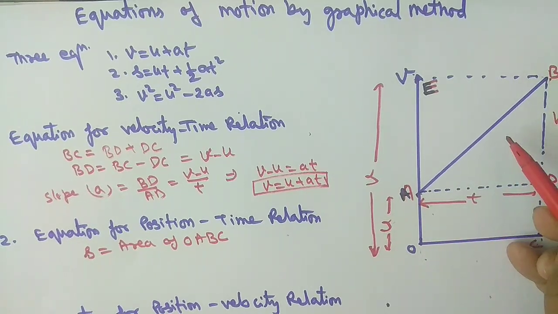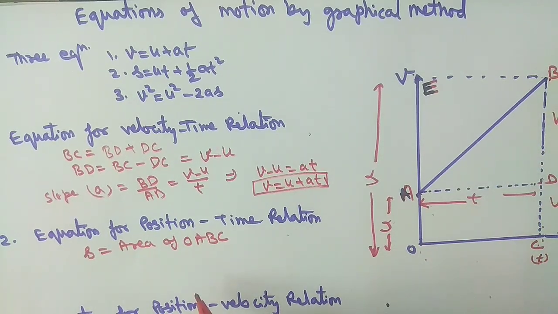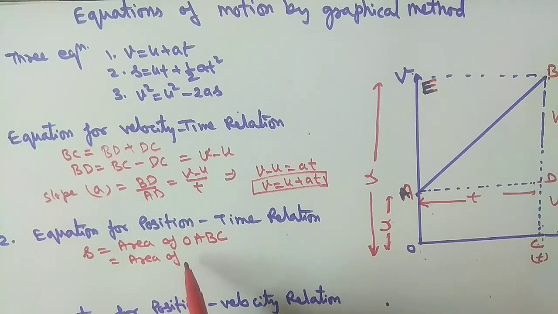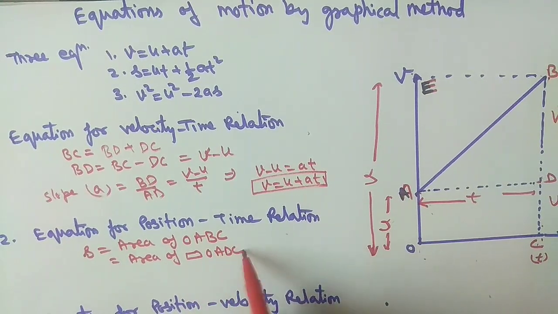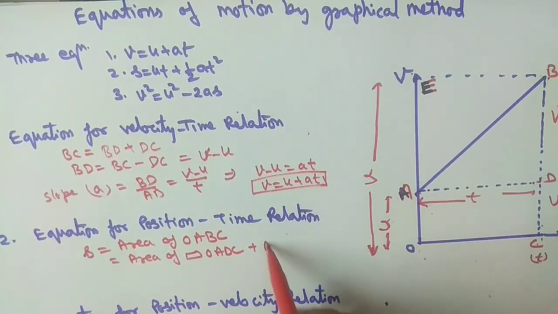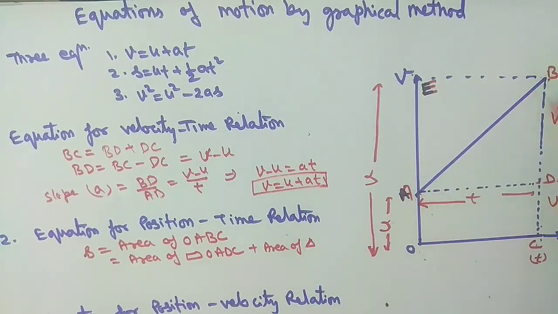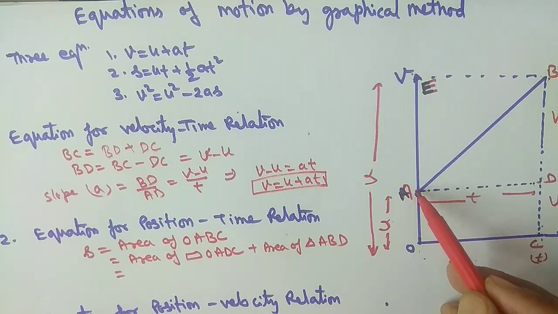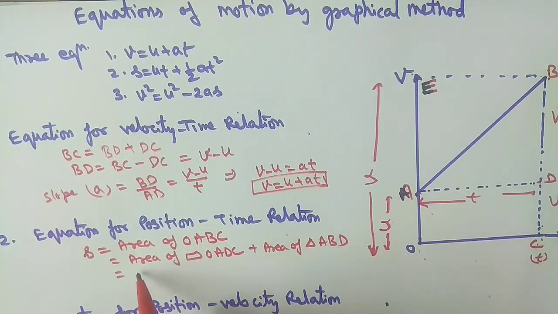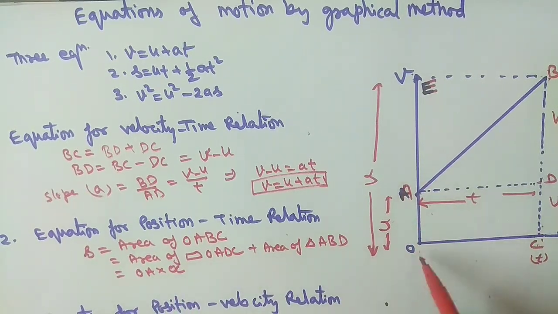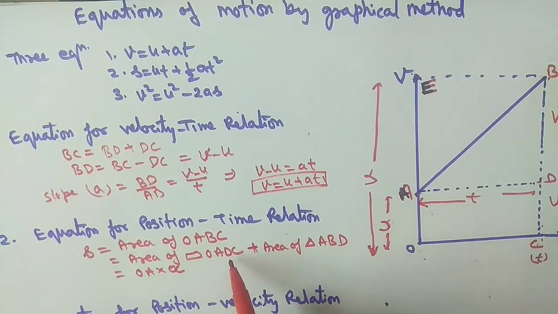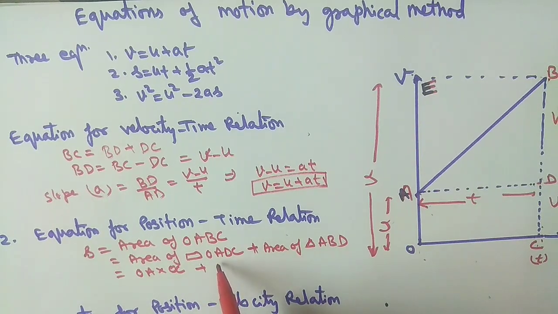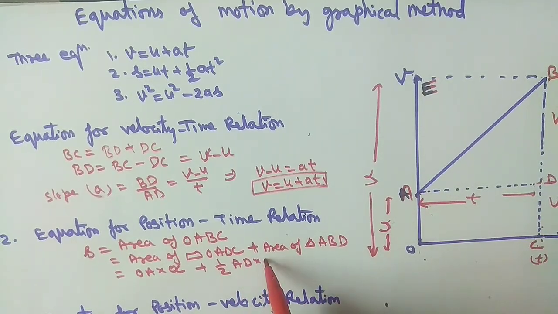That is the area of the rectangle OADC plus the area of the triangle ABD. The area of the rectangle is OA into OC. Now the area of the triangle is half into base into height, that is half into AD into BD.